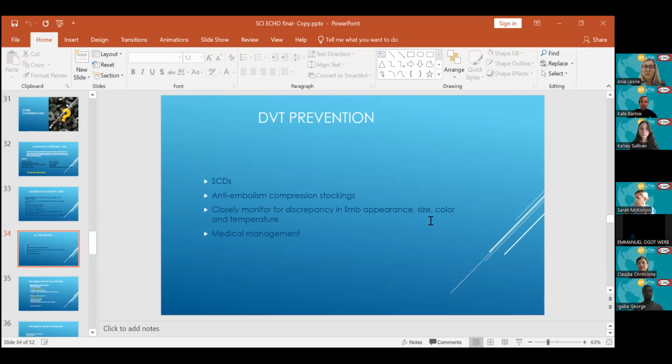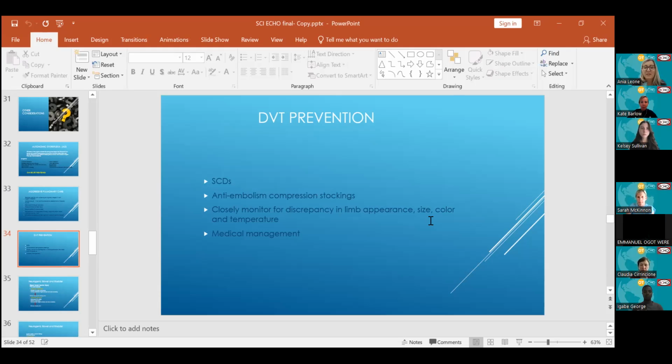We always want to look for those DVTs, and this population is at particular risk, especially if they don't have sensory function, right? They can't really tell that there is pain in the leg, or the area is hot to touch. So it's important to really pay attention to that. If you're in a hospital clinic setting, you can use sequential compressive devices, SCDs, or just these pumps that we put on their legs.